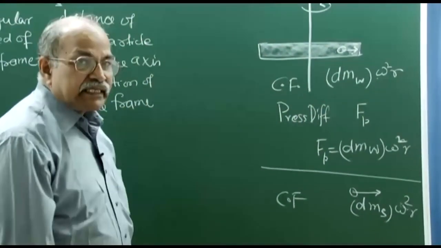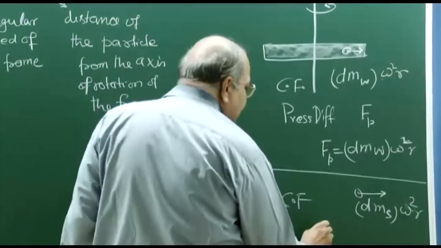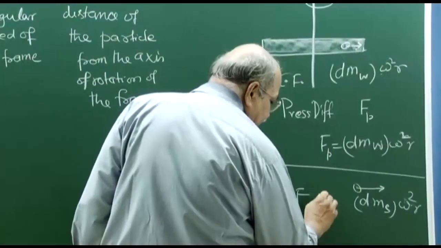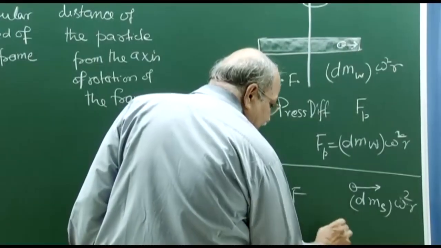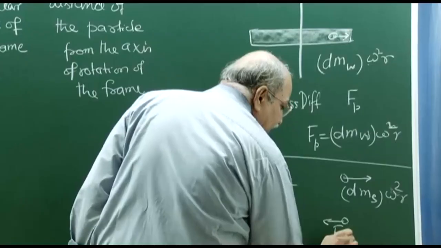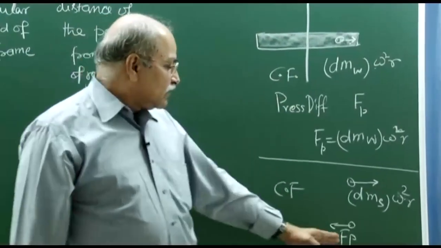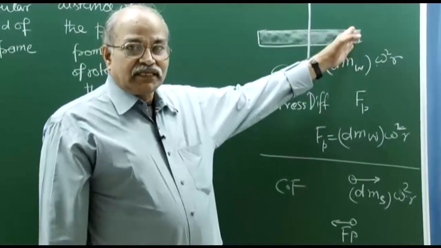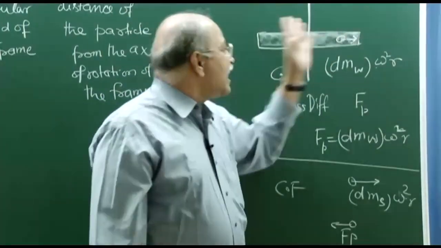This will be the centrifugal force, and the pressure difference force will remain the same. Pressure difference force that is in this direction, that remains the same. Why should it remain the same? Because it's a pressure difference. It's how water is behaving here.